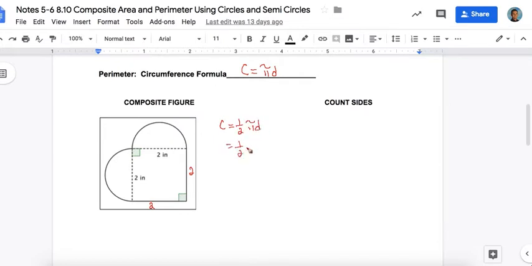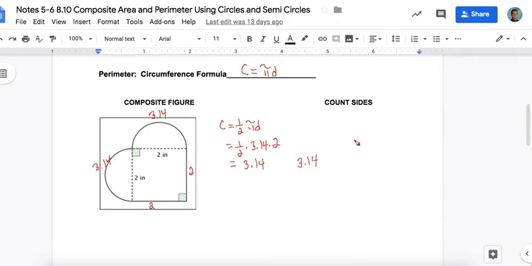I'm going to do 1/2 times 3.14, and then since this goes all the way across, I know the diameter is 2. So when I multiply that together, I get 3.14. Now I could put 3.14 up here, and I know I have another one that's the same because the diameter is 2, so this is also 3.14, so I'm going to put that here.